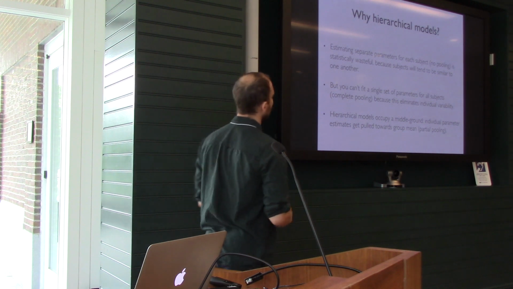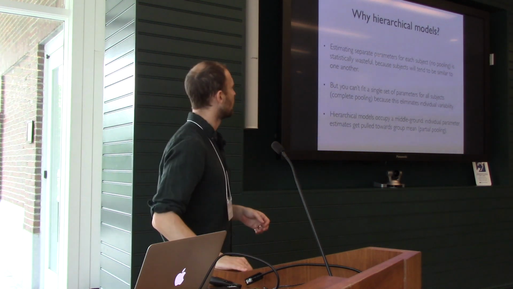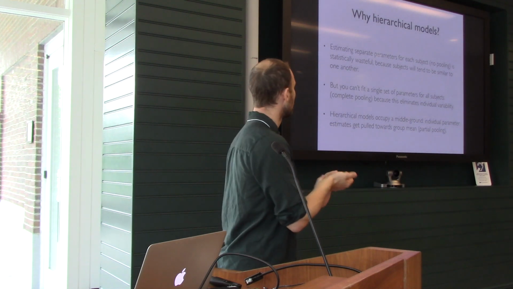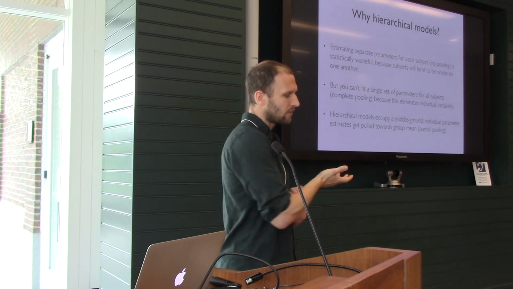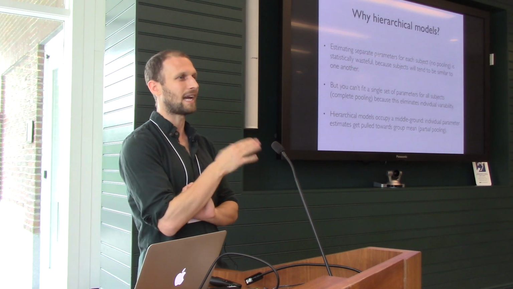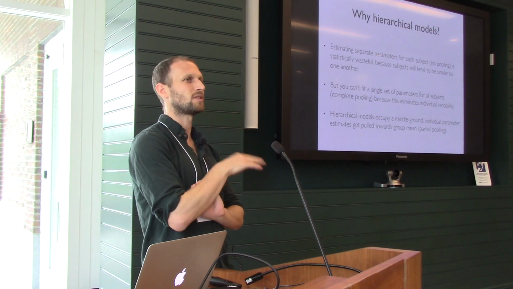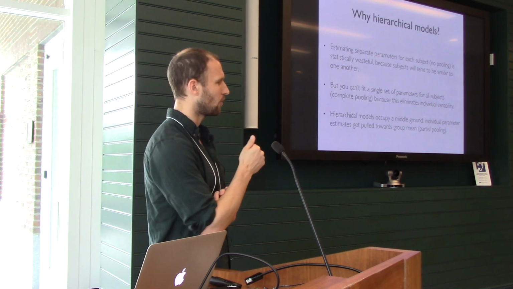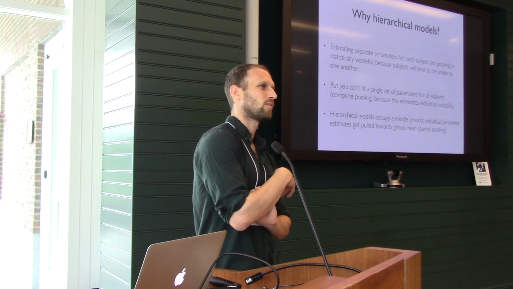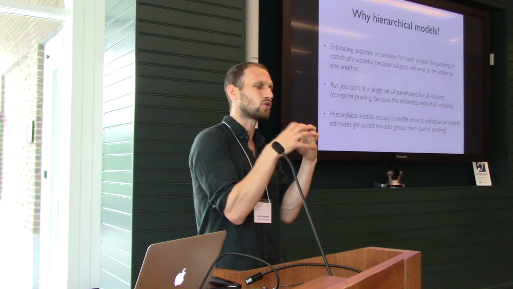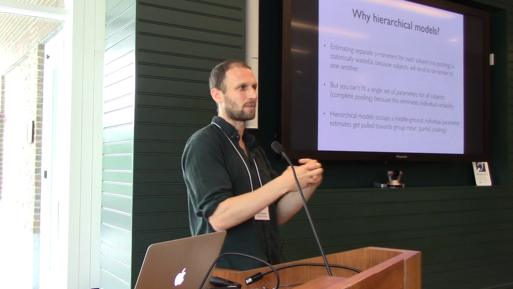Let me motivate this in a slightly different way, in terms of estimating parameters for different subjects. We often estimate separate parameters for different subjects, but that's actually wasteful because we typically aggregate after that, under the assumption that the subjects are similar in some sense. The other extreme, which is not typically done, is to aggregate all the subjects into a super subject and fit a single set of parameters there.